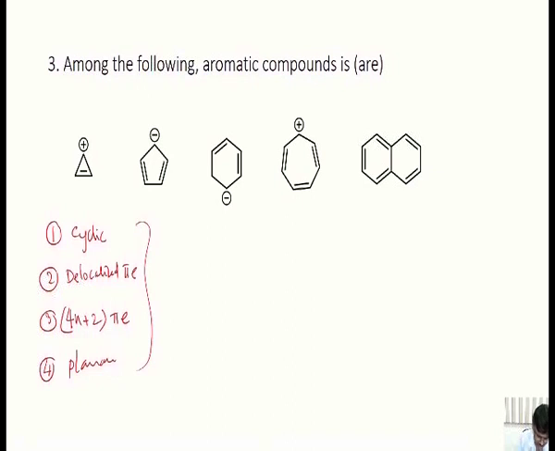For a compound to be aromatic, it has to satisfy these 4 points. If you look at all these compounds, they are planar and cyclic. Now we have to look at whether they have the delocalized pi electrons as well as whether they have 4n plus 2 pi electrons. N can be 0, 1, 2, 3 and so on. Now let us look at here. This is a cyclopropenyl cation.